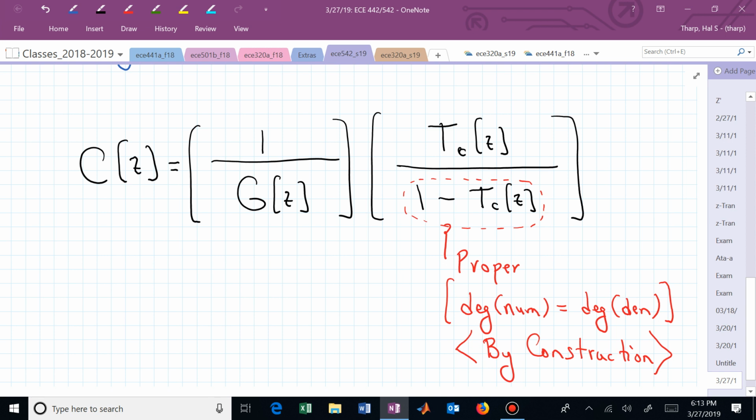And now if I combine that numerator with the minus numerator of T sub C of Z, its polynomial is the same order as the denominator polynomial in T sub C of Z. It's proper, which means that I'm not changing the pole zero excess by that factor 1 minus T sub C of Z. The numerator and denominator in that piece is the same, order-wise.